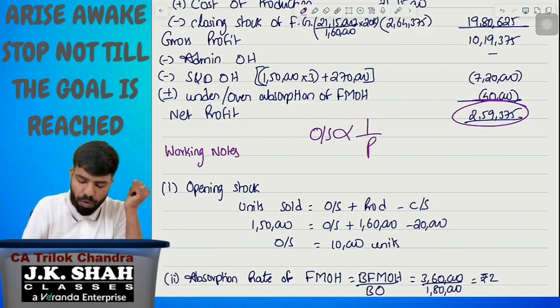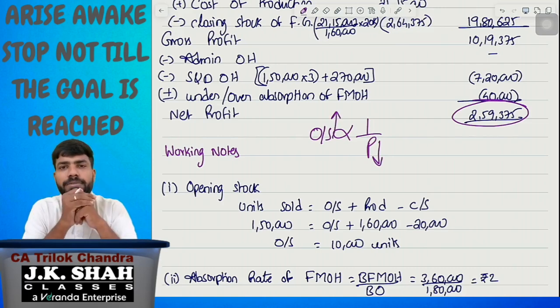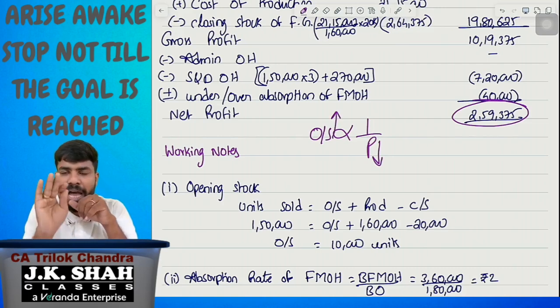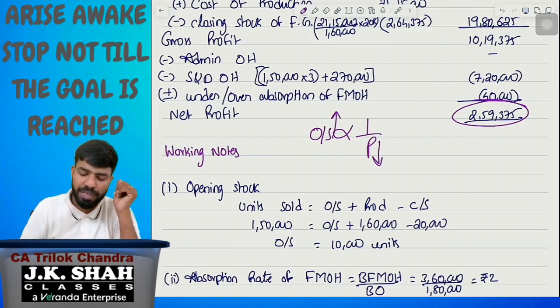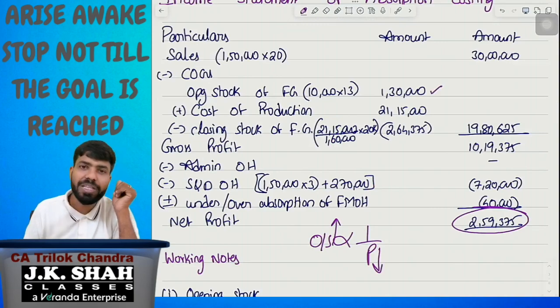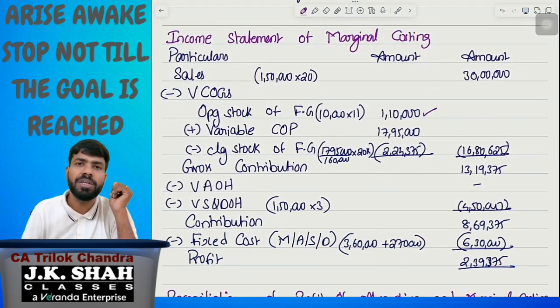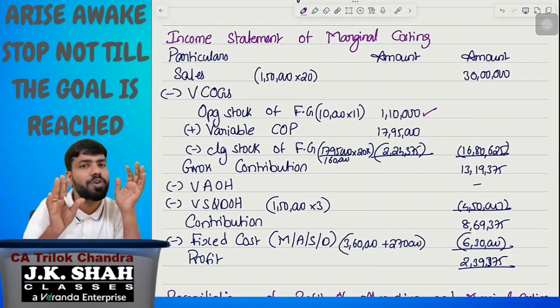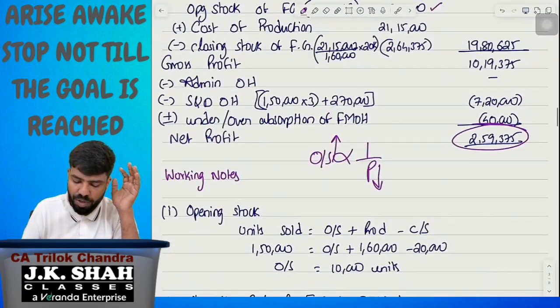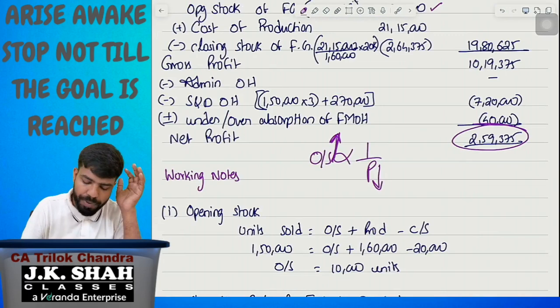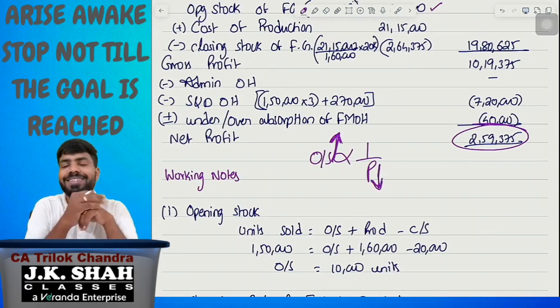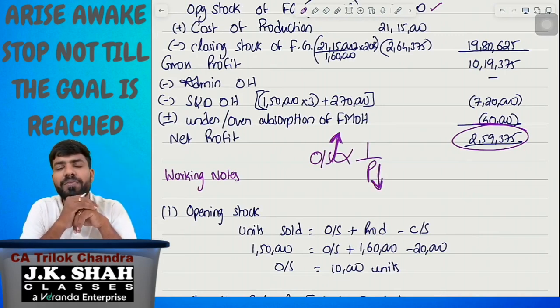If opening stock value is showing more, profit will be less. Now we need to add back. I'm repeating again. See here, opening stock value is 1,30,000 in the absorption costing system, whereas here in the marginal costing system 1,10,000. In which books is it more? Absorption costing system. So opening stock is more in absorption costing system. If opening stock is more, profit will be less.